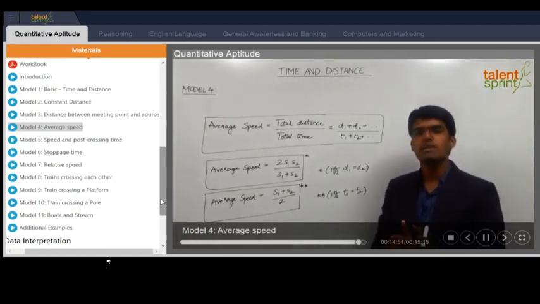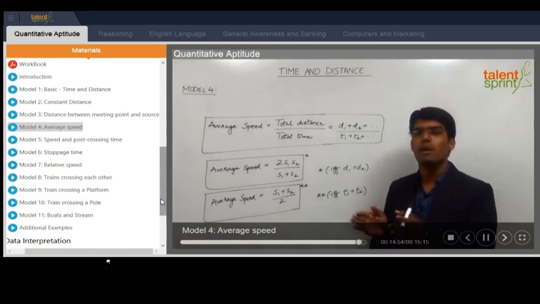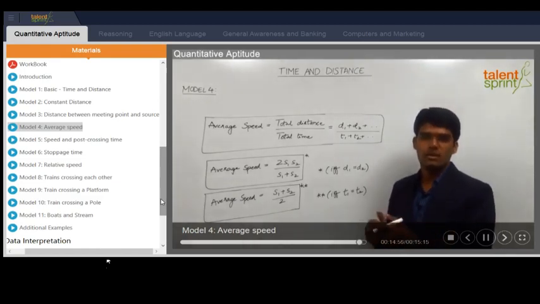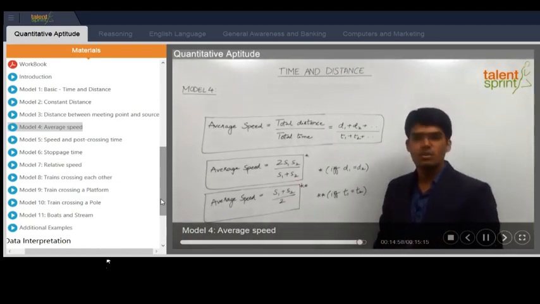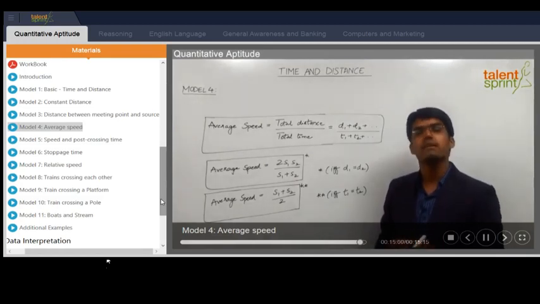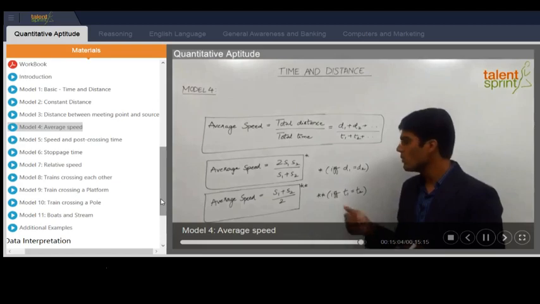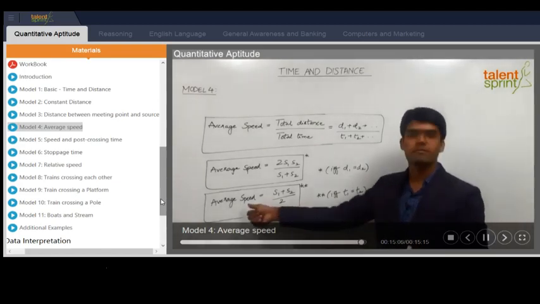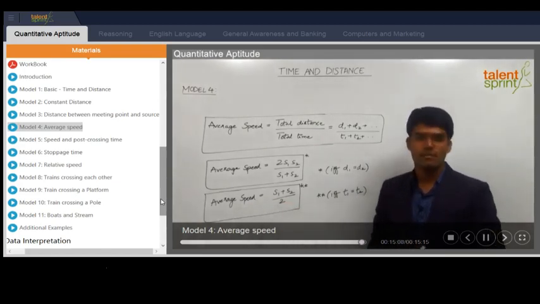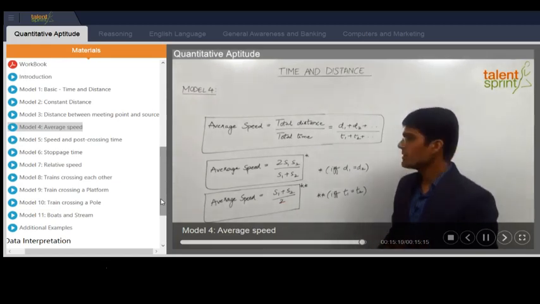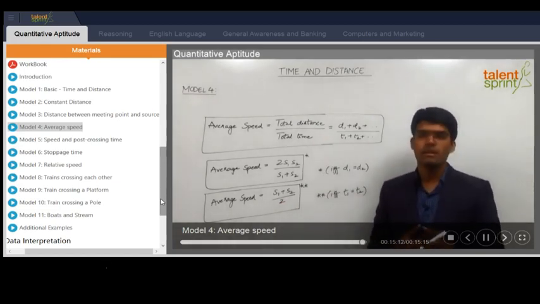But if the total distance has been covered in two equal parts, that is d1 equals d2, then we can take it as 2s1s2 by (s1 plus s2). And if the total distance is covered in two equal time intervals, that is t1 equals t2, then the average speed can be taken as (s1 plus s2) by 2. So based on the given question, you can use any of these three formulae to get the required answer.